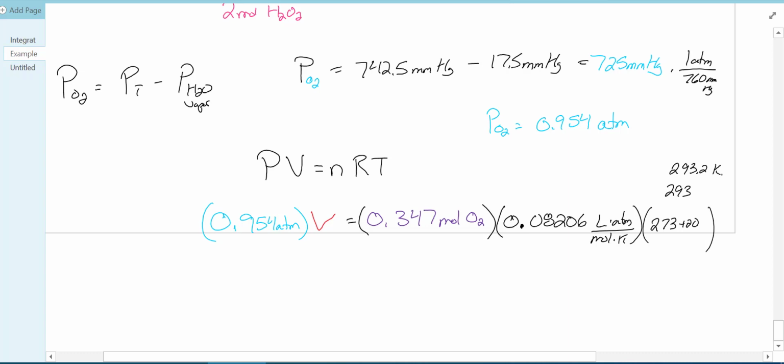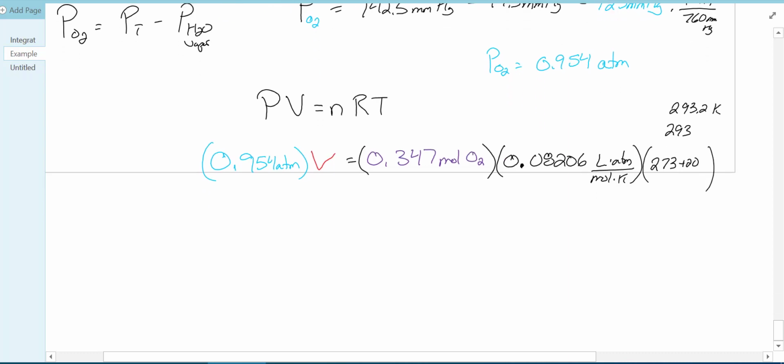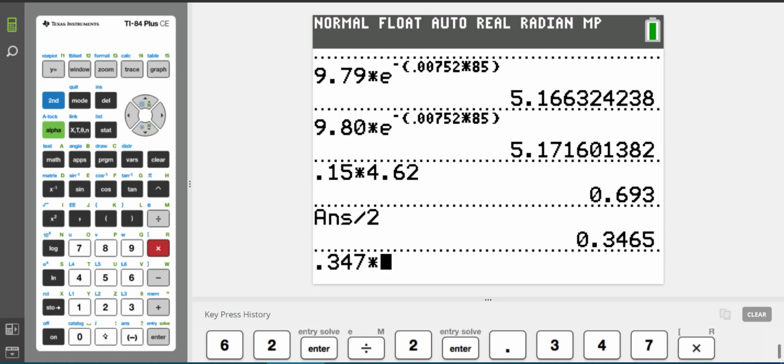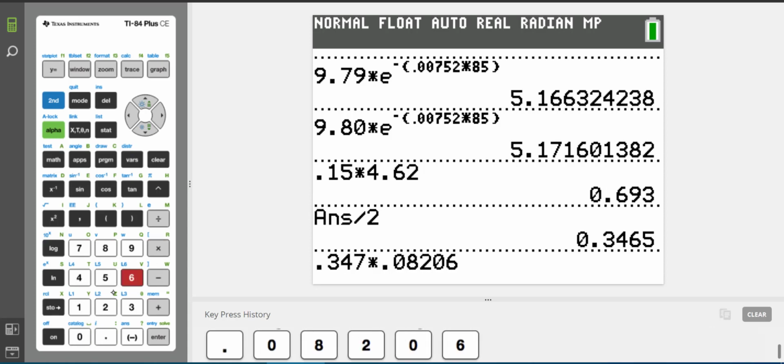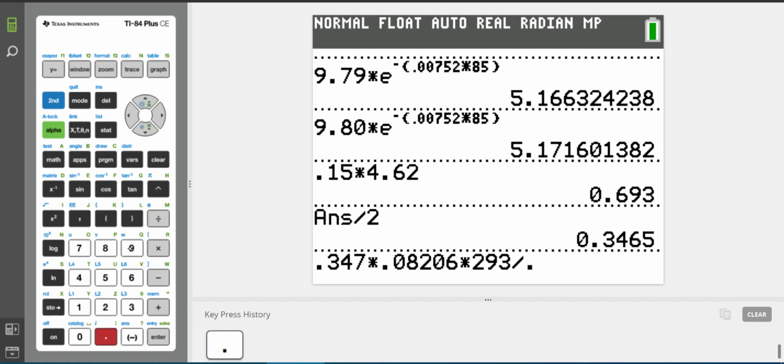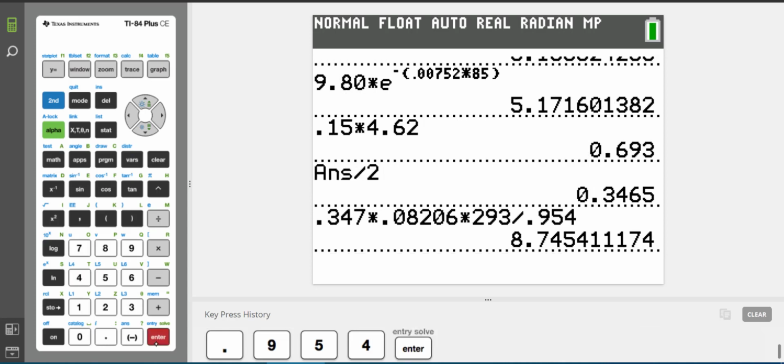It's not going to change anything. So in our calculator, 0.347 moles times 0.08206 times 293 divided by 0.954, I get 8.75 liters.